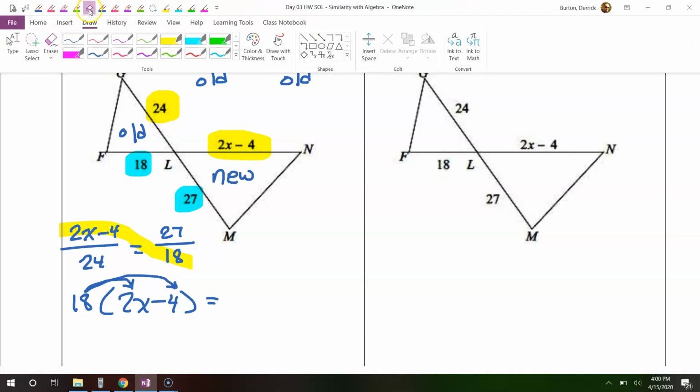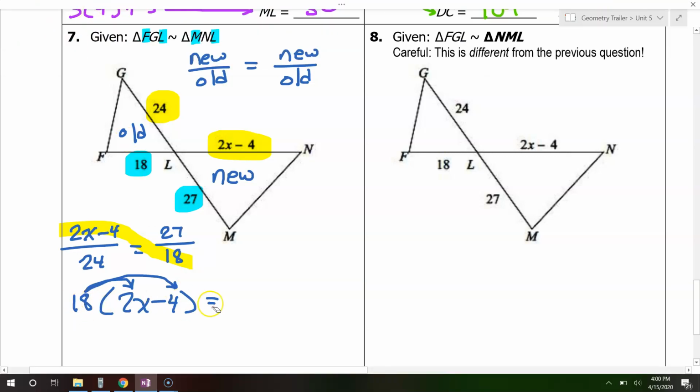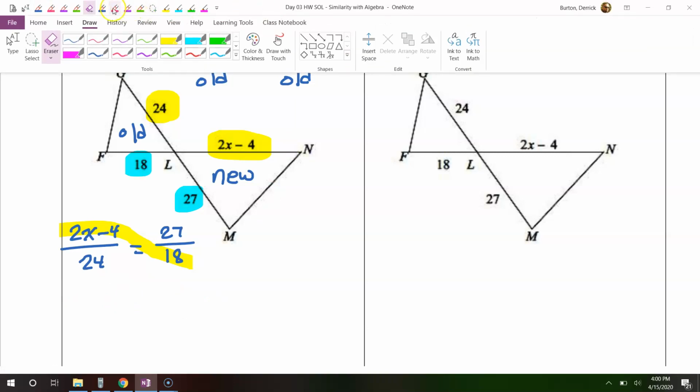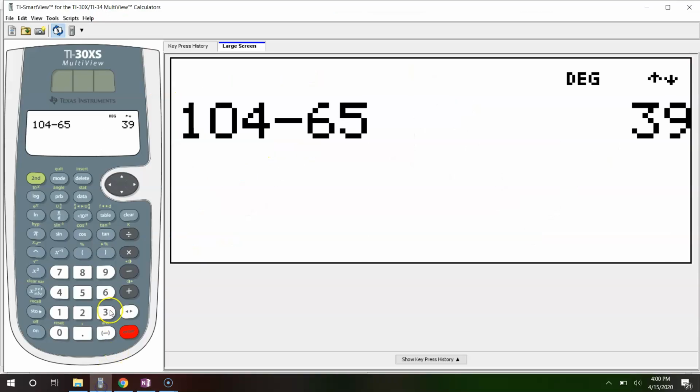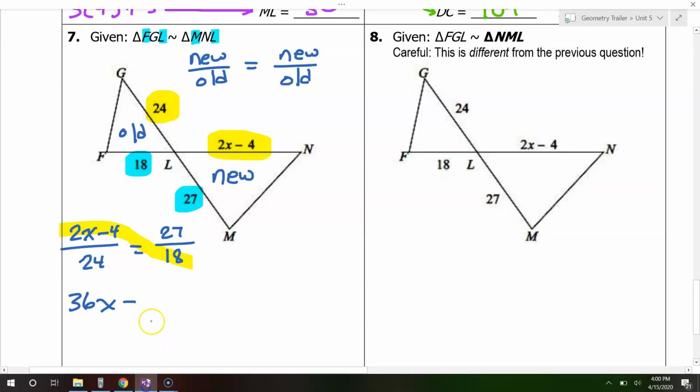All right, I'm not going to show this. I'm just going to do it. So of course, 18 times 2 is 36. So I'm going to have 36x minus. Now 18 times 4 is 72.